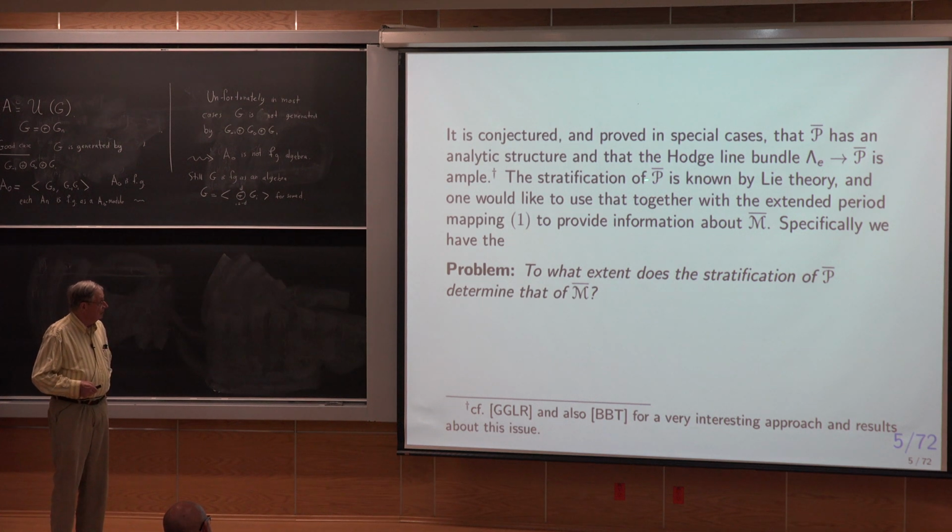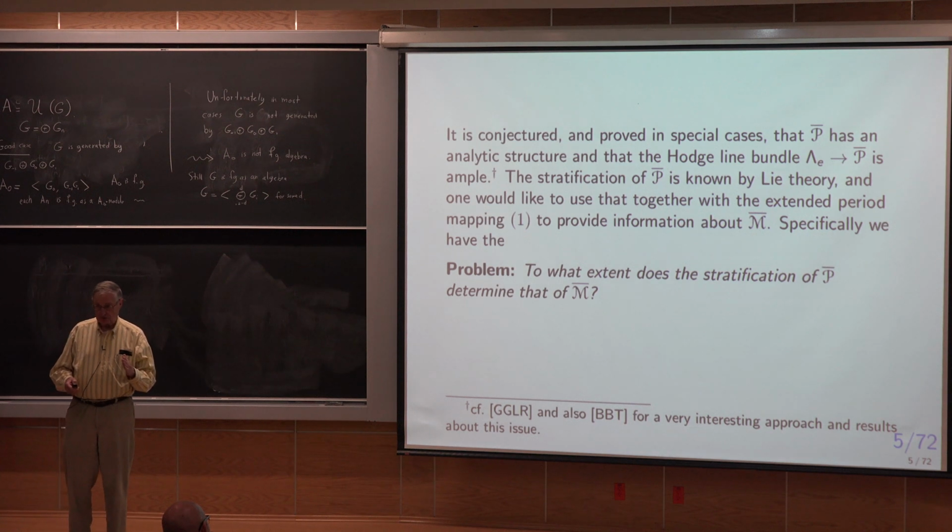So the stratification of this image is known by Lie theory, and the problem then is to what extent does the stratification of the image of this extended period map, so you're looking at the Hodge structures in the limit as the varieties become singular, organizing those into strata, that's done by Lie theory.